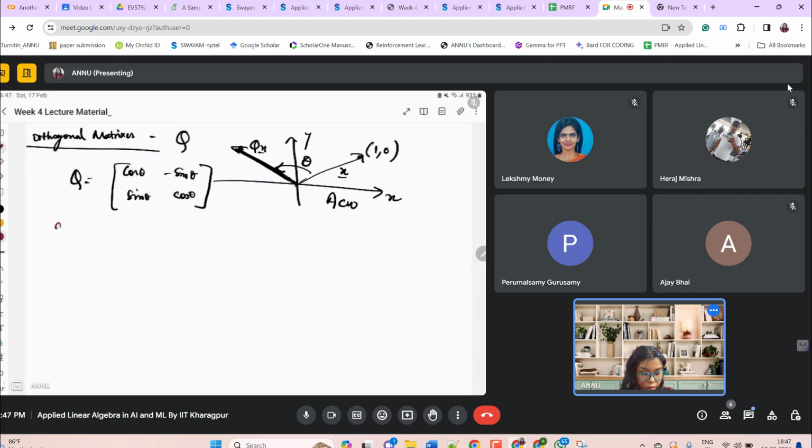What are some properties of the Q matrix? Orthogonal matrices are actually rotation matrices in physical systems.